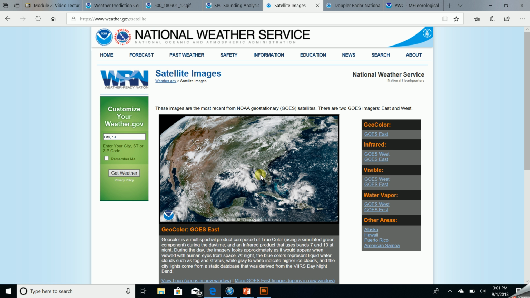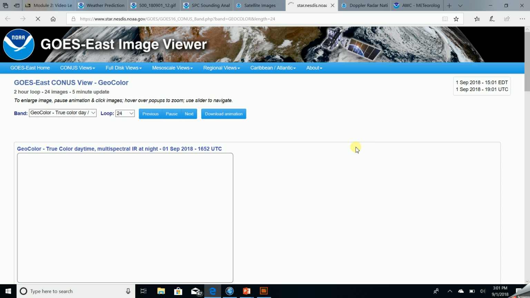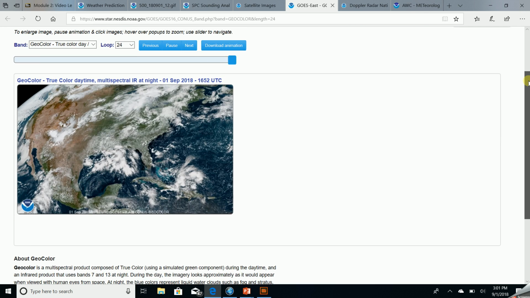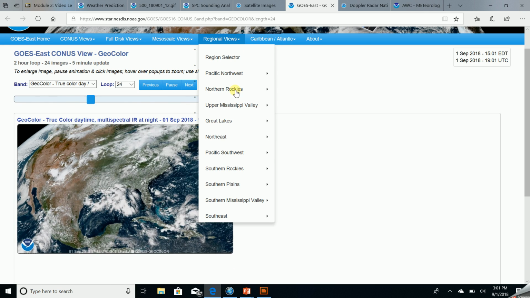Can't go anywhere without at least looking at one satellite today. This is called the GeoColor satellite. I'm going to loop it here to see if there's anything interesting we can talk about. And I know there is, for example, right now going on at my house. So I want to see if I can get a better view of it.